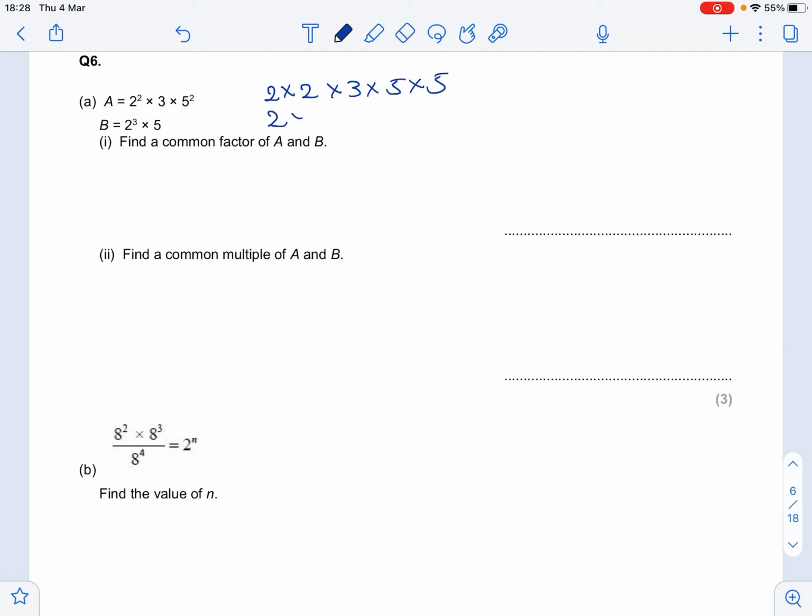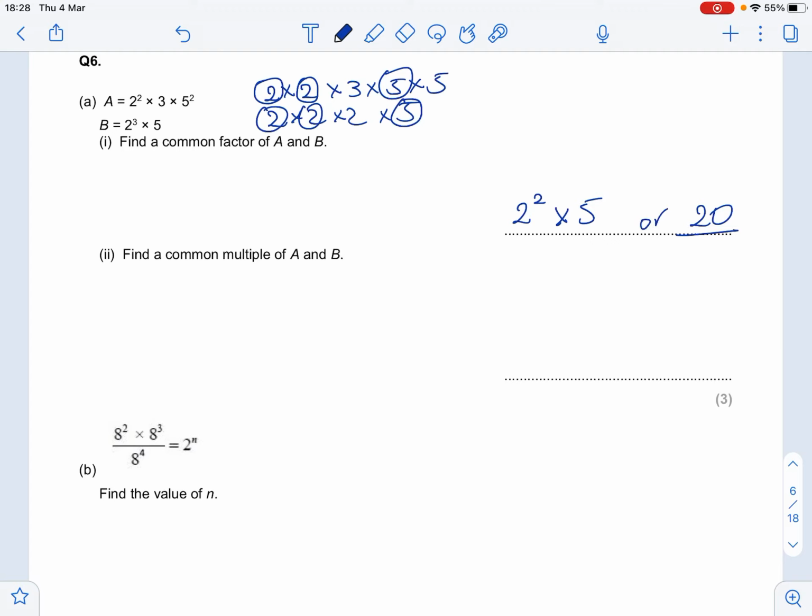B is 2 times 2 times 2 times 5. What common factors do they have? They have 2 in common, another 2 in common, and a 5 in common. So a common factor of them would be 2 squared multiplied by 5, which you could also write as 20. You would also get the mark if you write 20.